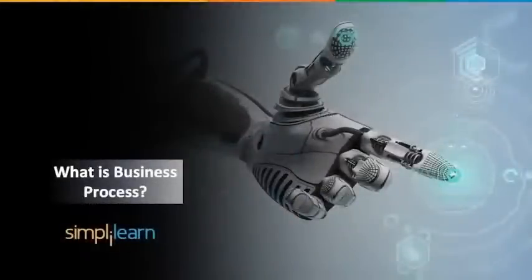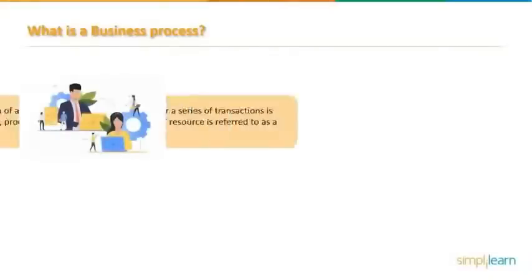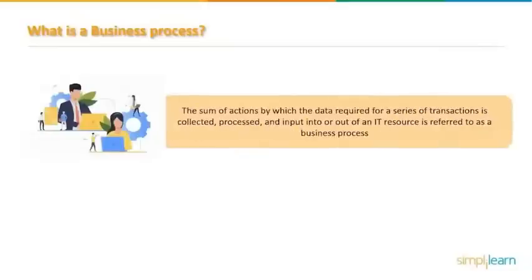What is a business process? The sum of actions by which the data required for a series of transactions is collected, processed, and input into or out of an IT resource is referred to as a business process. We can classify business processes into 3 groups based on the steps involved and how they are repeated.